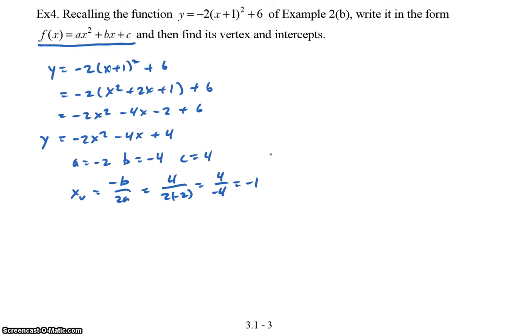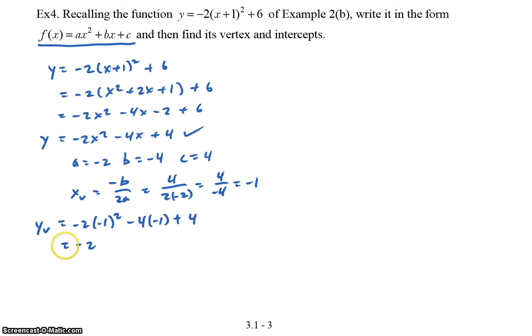That's the x-coordinate of the vertex. Now what's the y-coordinate of the vertex? Well, the y-coordinate, y sub v, is found by substituting the x-coordinate back into the function. So that is into this form here that we converted into a moment ago. So we would substitute negative 1 for x, squaring it, subtracting 4 times negative 1, and then adding 4. Negative 1 squared is 1, times negative 2 is negative 2.